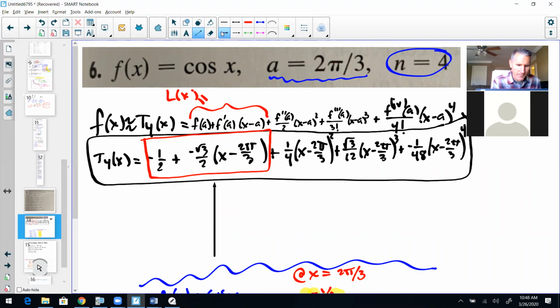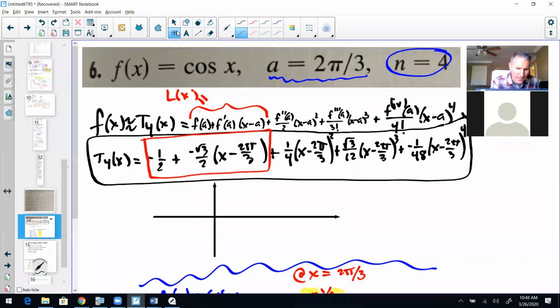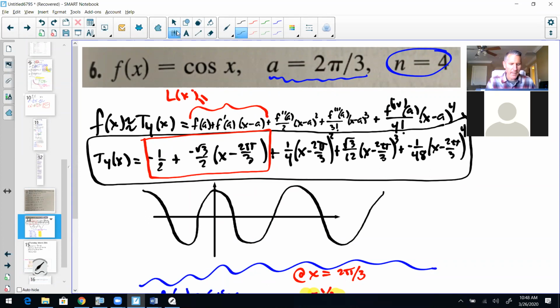This is my basic cosine of x graph. And at 2 pi over 3, I'm going to be about right here. So 2 pi over 3.